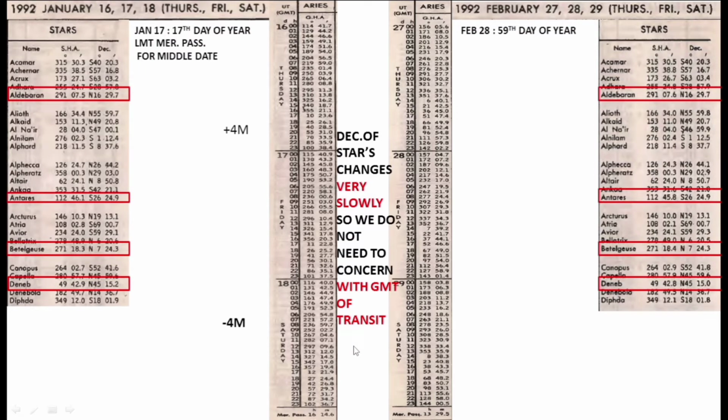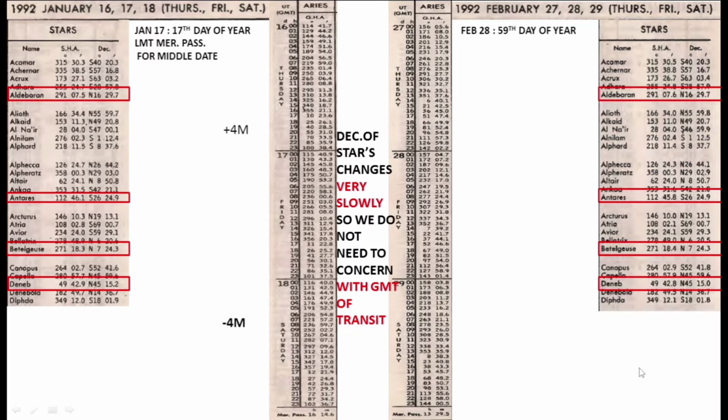Now this time of meridian passage, as we talked earlier, was also the reason to find out the declination. But if you look at it here, I have given you 2 days here, and you can see that the declinations do not change much. So basically, we are not really concerned with the GMT of transit of a star.